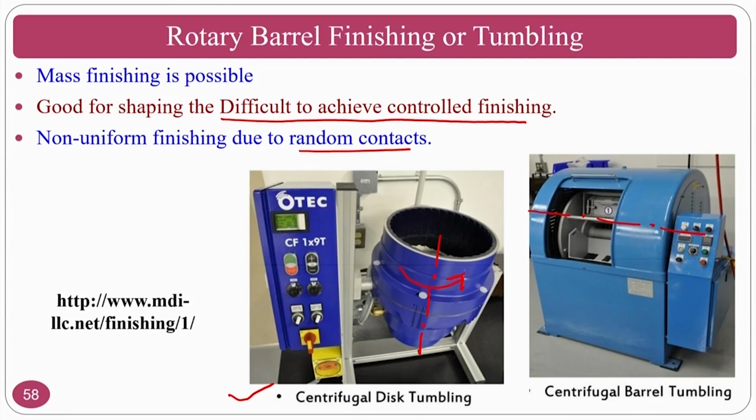Some components are very good for the vertical, and some are used for the horizontal. Normally landsliding and other things are common for the horizontal, that is the centrifugal barrel tumbling process. Landsliding is common. So in centrifugal barrel tumbling, as I said, the axis is horizontal.